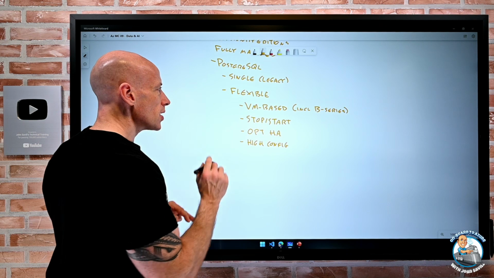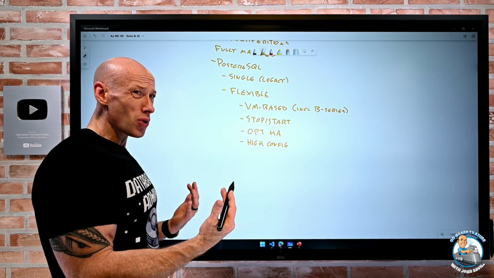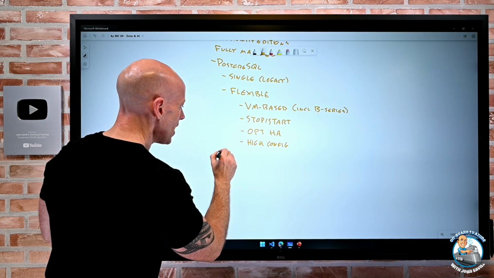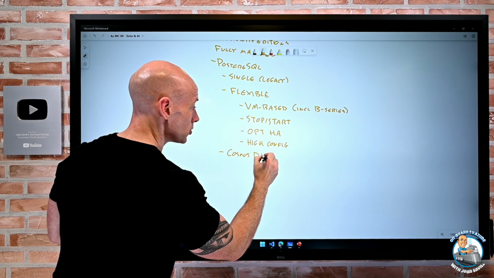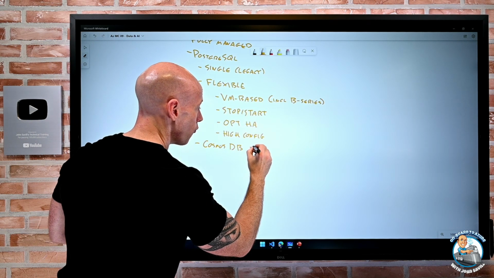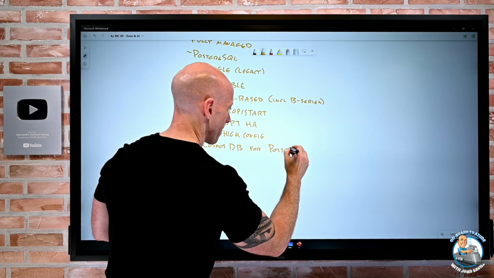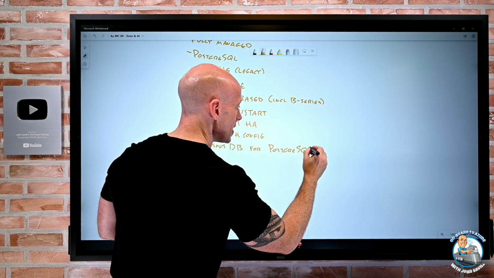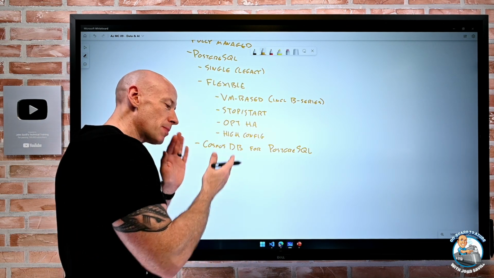Now there used to be a hyperscale offering. And there still is, it's just not called hyperscale anymore. So what we now have is Cosmos DB, which we're going to talk about later on, for Postgres. So what used to be PostgreSQL Hyperscale is now Cosmos DB for PostgreSQL.